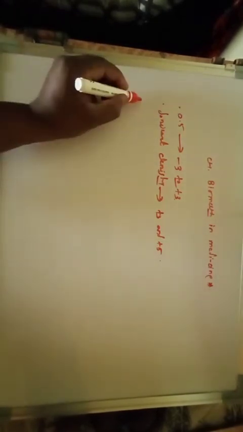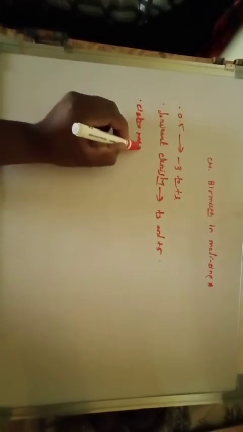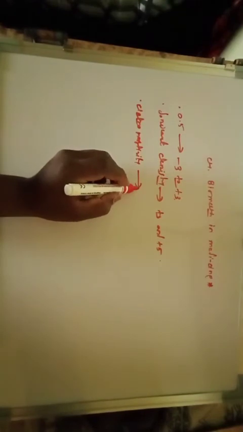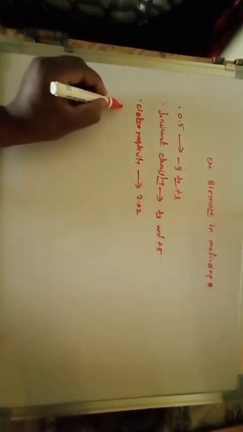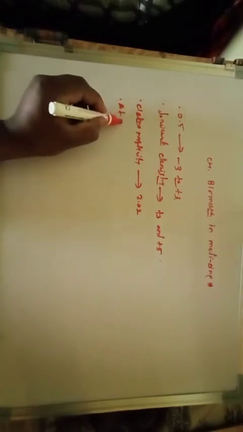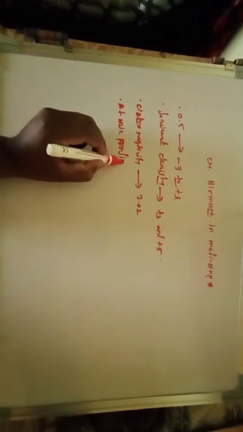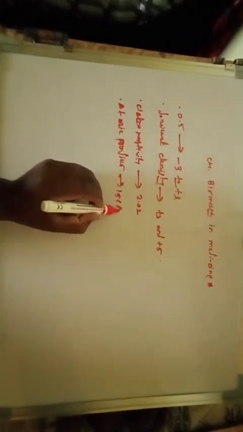Again, if you consider its electronegativity, it is 2.02. Next important property, atomic radius, is 156 picometer. So these are some important properties.